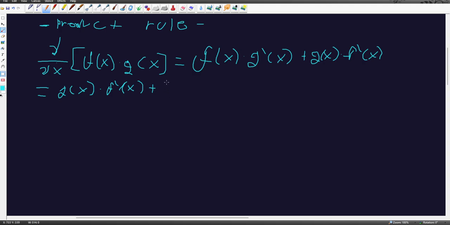Sorry. Let me continue. And g prime of x times. Actually, let me rewrite this. It doesn't really matter for the order. Actually, I'll write it like that.